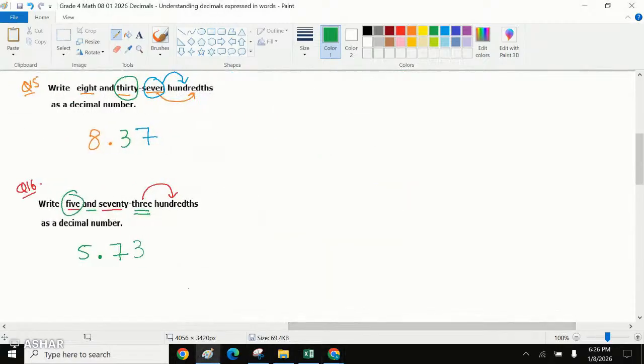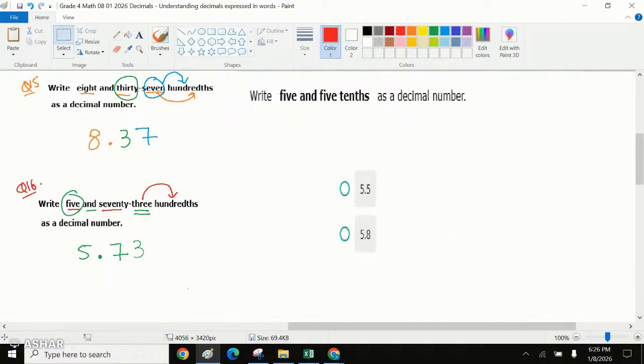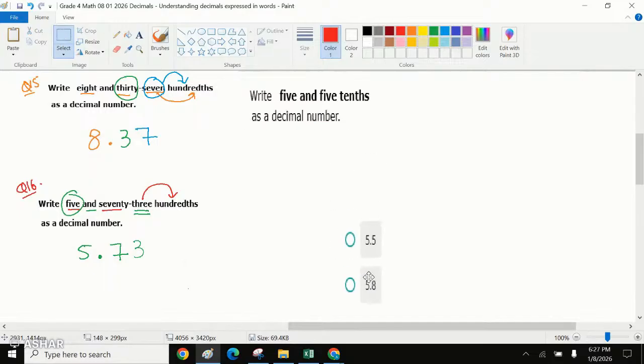I'll just give the heading for the test. I'll just paste this first question. These are the two options given to us. Okay, option A or option B. This is from the test. Question number 1. What option is the correct option? A or B? Rohan, what is the correct answer?